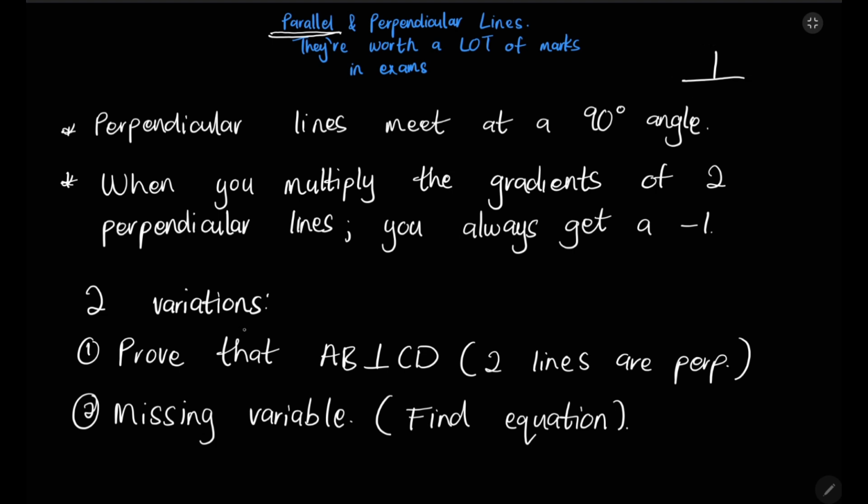There are two ways in which they'll ask us about perpendicular lines in grade 10. Firstly, we'll have to prove that AB is perpendicular to CD. It doesn't have to be AB and CD, it could be just any lines, but just know that you'll have to prove that two lines are perpendicular. And secondly, you have to find the missing variable to find the equation. And that is all under perpendicular lines in grade 10.